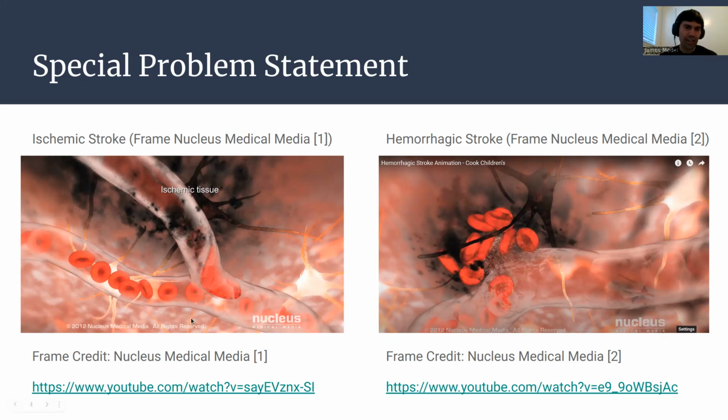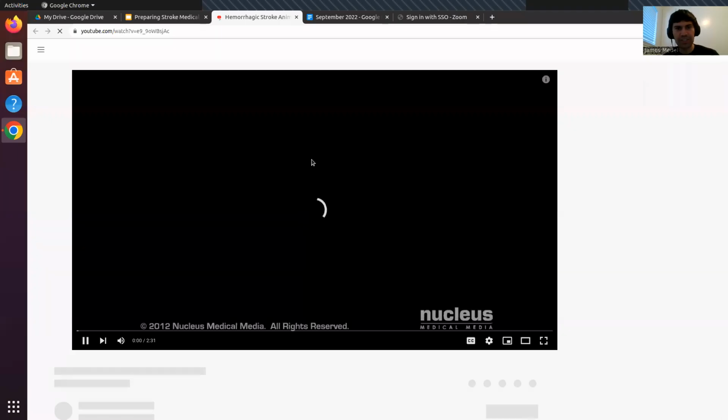On the left here, we have a nice visual of a blood clot that forms in a brain blood vessel, causing lack of blood flow to another region of the brain, killing off brain cells, neurons, etc. And here's a quick simulation.